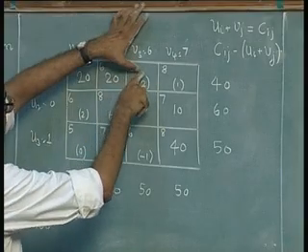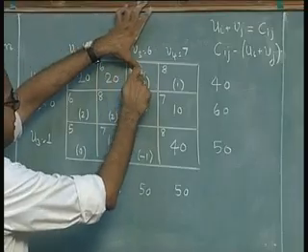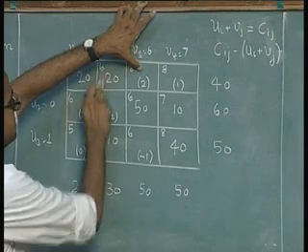For example, just to illustrate one of these computations, if we had taken this, then your loop would have been from here to this, this to this, this to this, this to this, this to this and back.